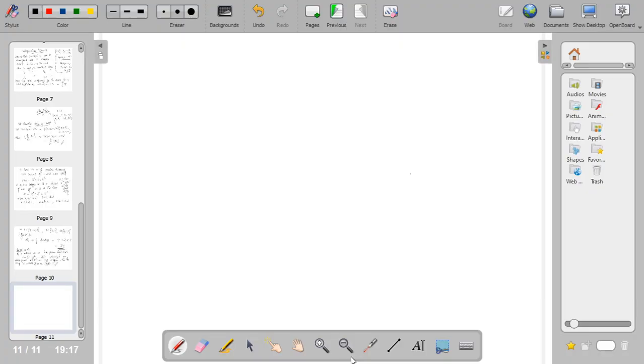Hello all. So in today's class we'll see one more problem which uses both addition principle and multiplication principle.